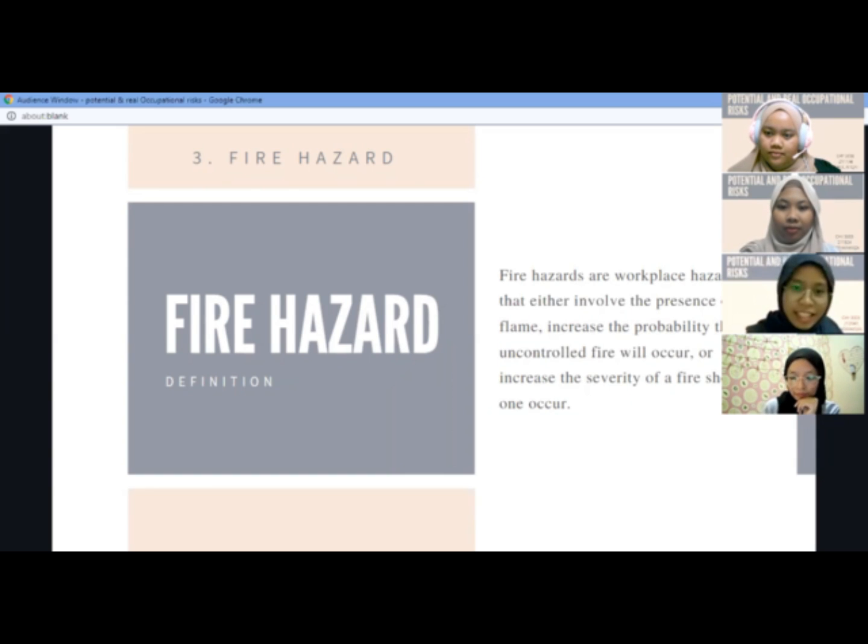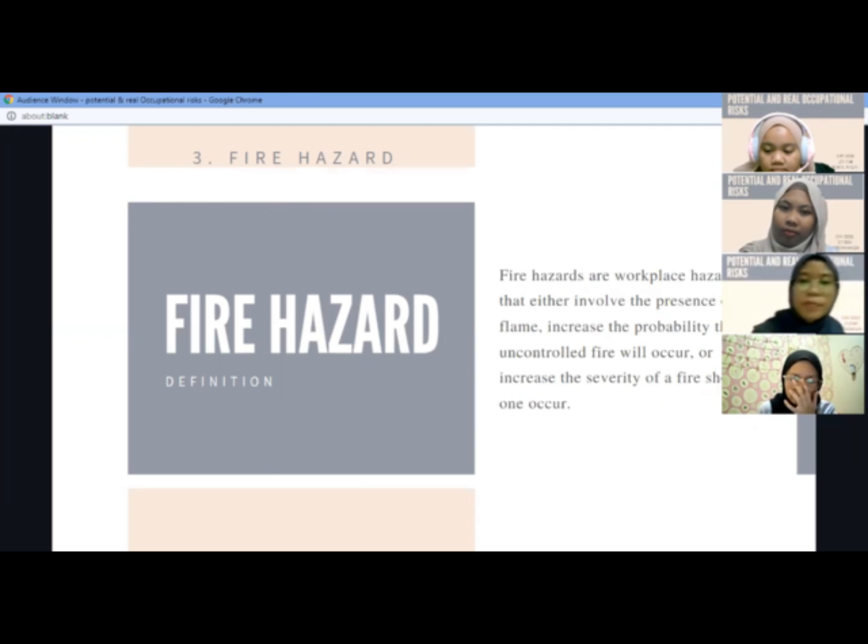The third hazard is a fire hazard. The definition of fire hazard is that fire hazards are workplace hazards that either involve the presence of a flame, increase the probability that an uncontrolled fire will occur, or increase the severity of a fire should one occur.